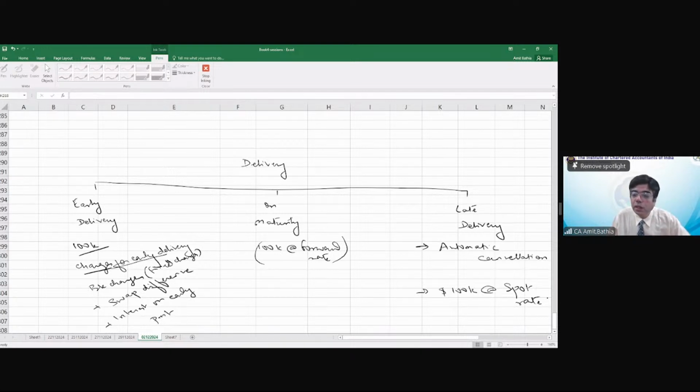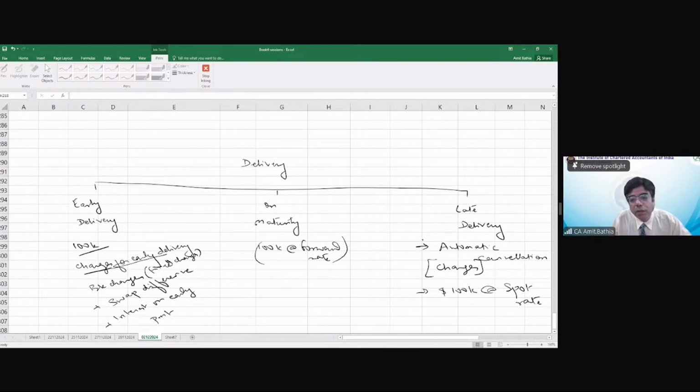So charges will be applicable over here in cancellation. You will not get the benefit in that case, because your forward contract has already got automatic cancellation. So when you deliver late, you will not get the benefit of the forward rate.